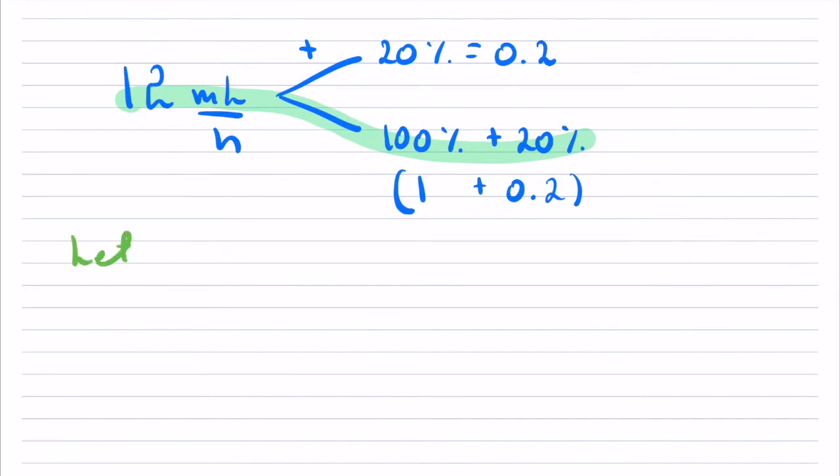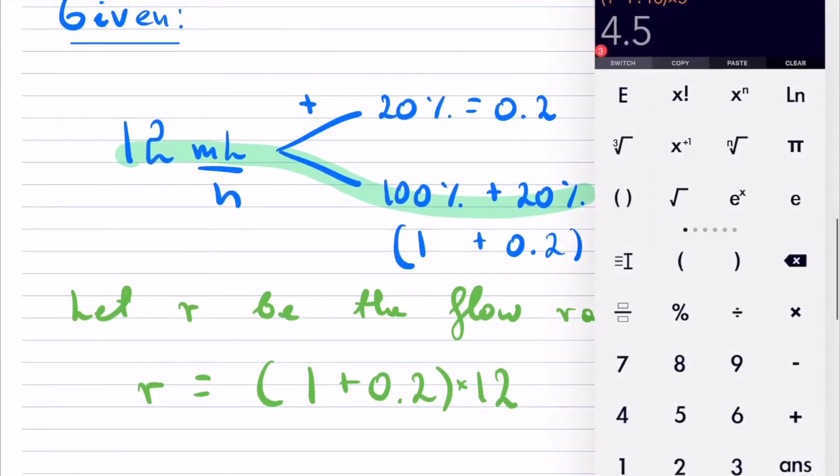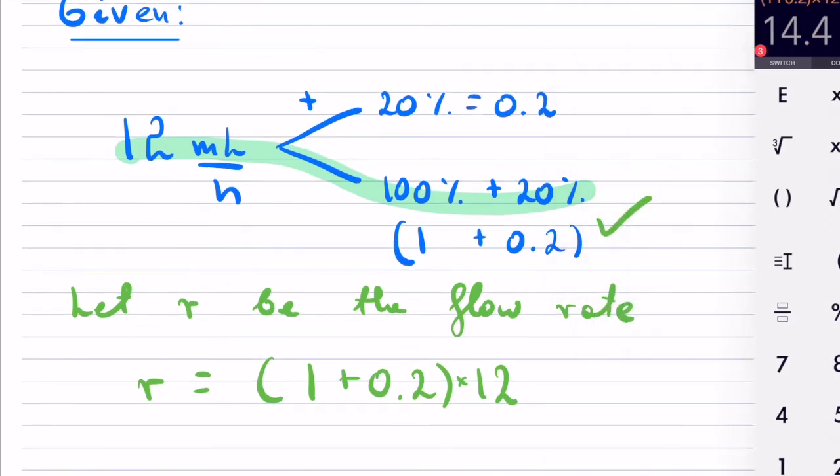So I'll just define it. Let R be the flow rate. And this is nothing else but simply R equals 1 plus 0.2, multiplied by 12. If we do that on our calculator, 1 plus 0.2 times 12, that would be 14.4.